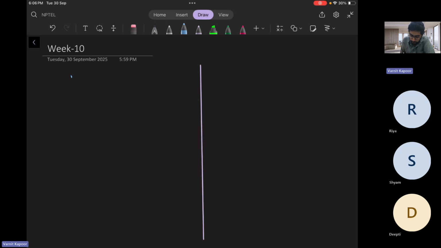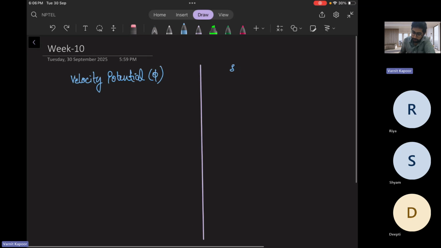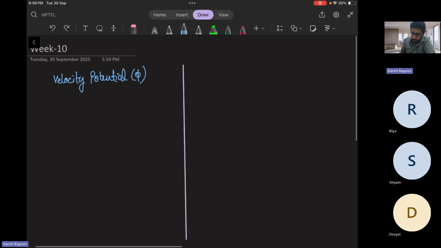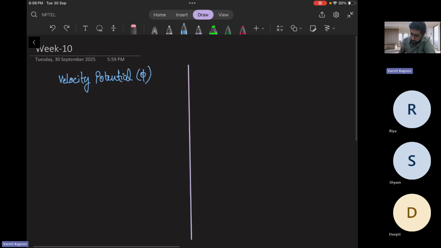So first is velocity potential, and it is denoted by the symbol phi, whereas the stream function is denoted by the symbol psi.